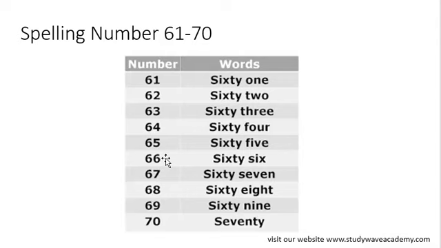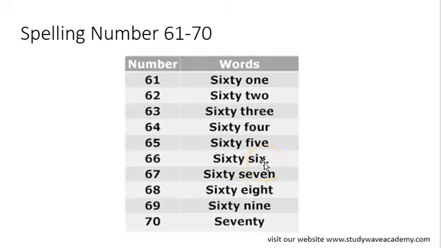And how do we spell 6? S-I-X. Okay? So we spell 60 and 6 together. Are we ready? Okay, let's spell 60 and 6 together, which is 66. S-I-X-T-Y-S-I-X. 66.